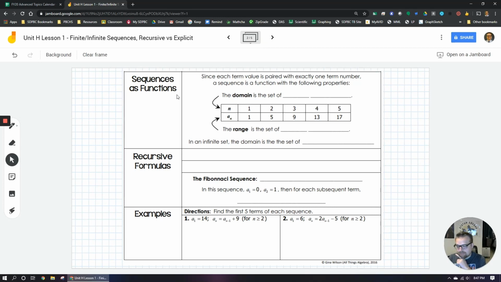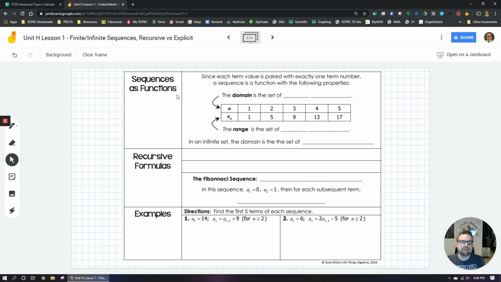The next thing we're going to be looking at is defining a sequence as a function. The reason that this is listed here is because each term in a sequence, like the first term, the second term, the third term, is paired with exactly one output. So the first term is 1, the second term is 3, the third term is 5. That's just an example.